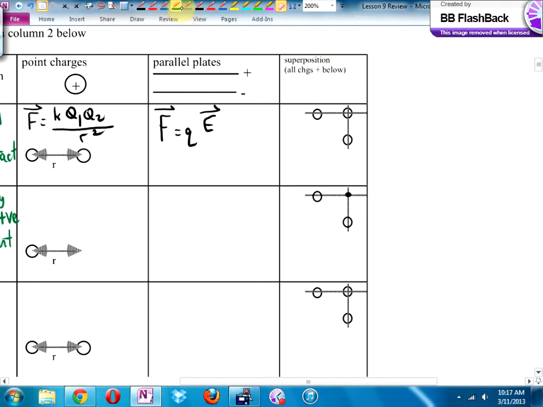You would then, in your mind, cover up that guy. You would find the force, magnitude, and direction from this guy on that charge. Like repel, unlike attract. Up or down. Then you would add those two forces together vectorially. I don't know if that's what the picture would look like, but you'd add them vectorially.